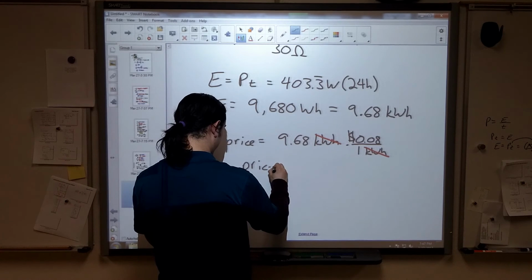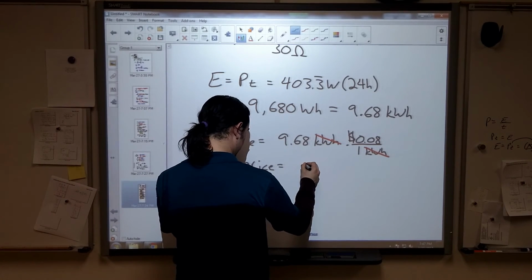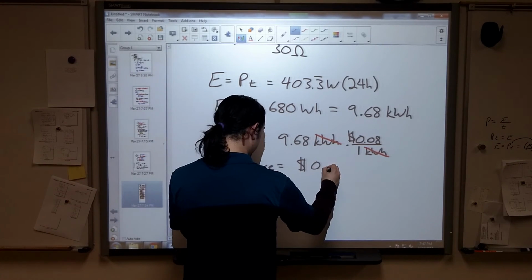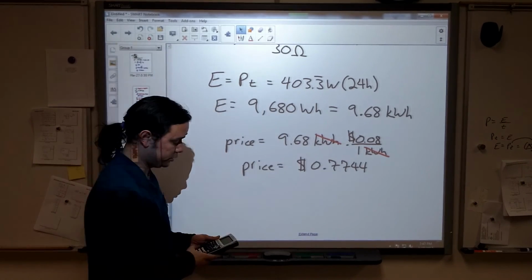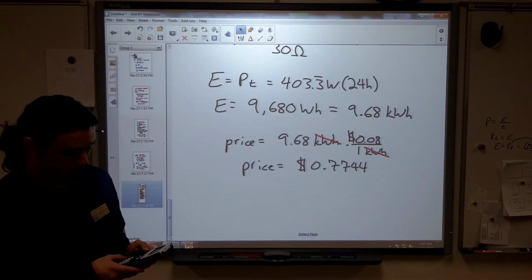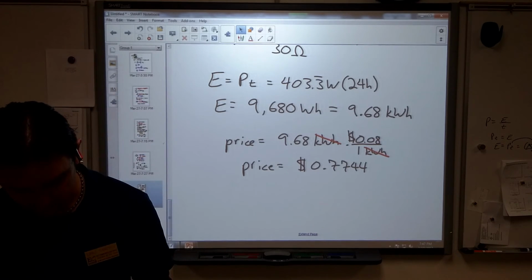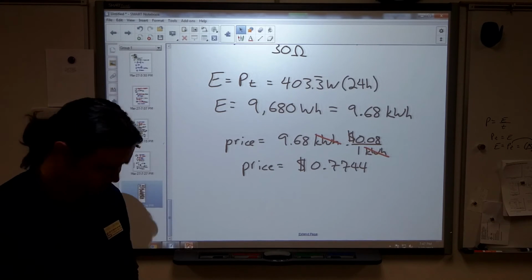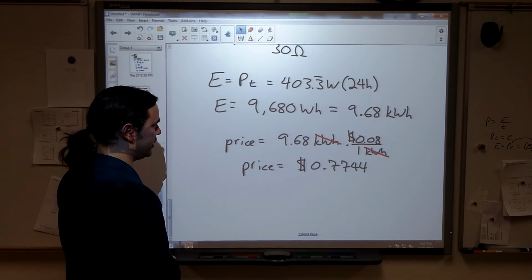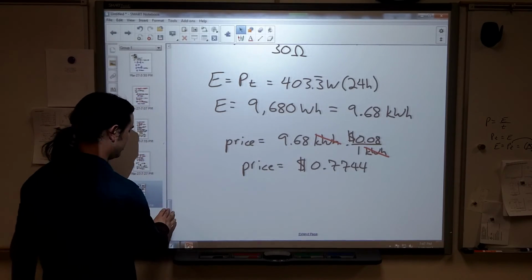We end up with, if I've done this correctly, hopefully I've not made an error because this seems a little small, but 0.7744. To leave this particular television on for 24 hours, according to this, comes up to about 77 cents. Let me see if I've got that right. Yep, 77 cents is what they've got here. I don't know how realistic that actually is. I'd have to take a closer look at it.